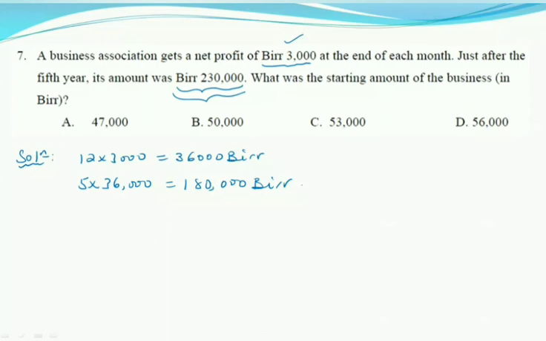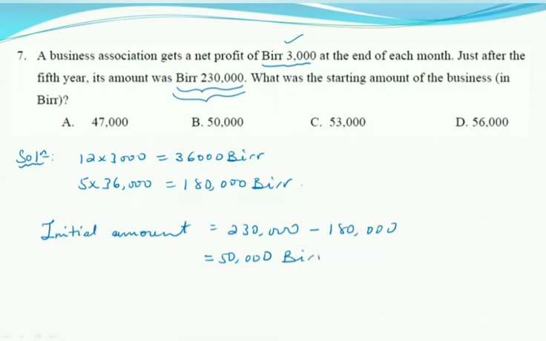So the initial amount should be the total amount that they have now minus the net profit they earned in these 5 years. So the net amount should be 50,000 birr. Initially they had this much birr. This is the required answer.